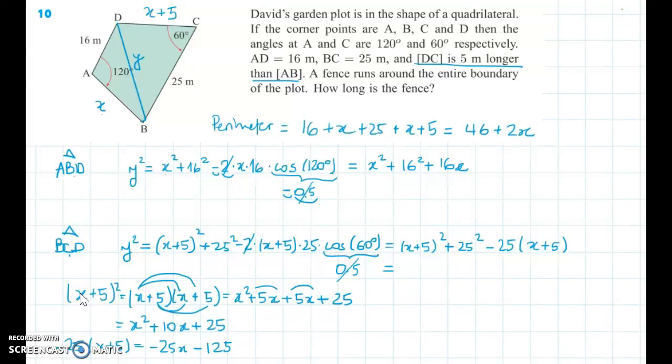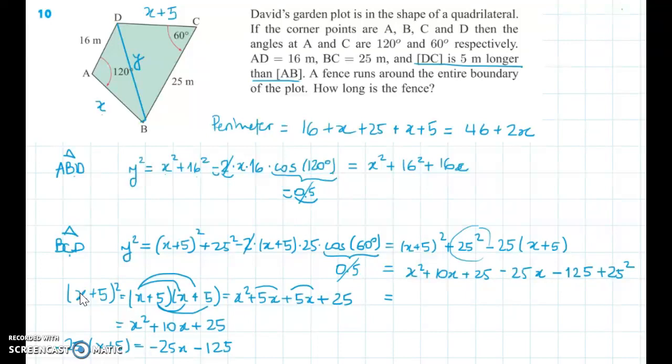So with these results, we can go back to the equation resulting from applying the cosine law to the triangle BCD. And we can write x squared plus 10x plus 25 minus 25x minus 125. And I'm noticing here I missed something. Yes, I missed over here this term plus 25 squared. Let me add it here at the end.